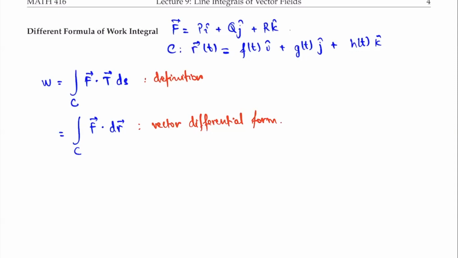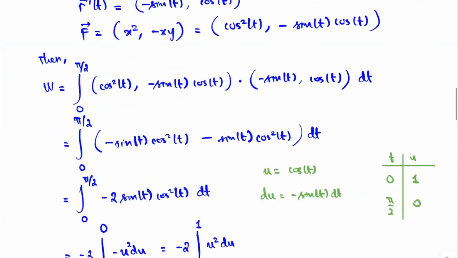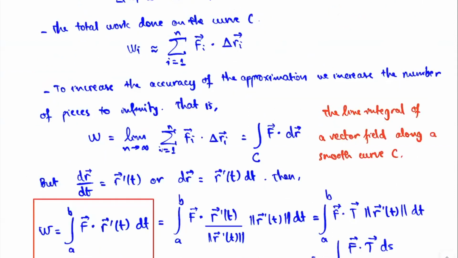Again, let me remind you what we have in the derivation. So this is our derivation. Okay, this is what we got. And we say that dr/dt is equal to r prime, or in other words, dr is equal to r prime dt. So that's the differential form in our equation.